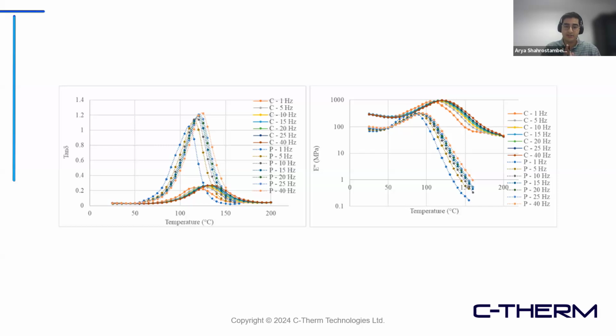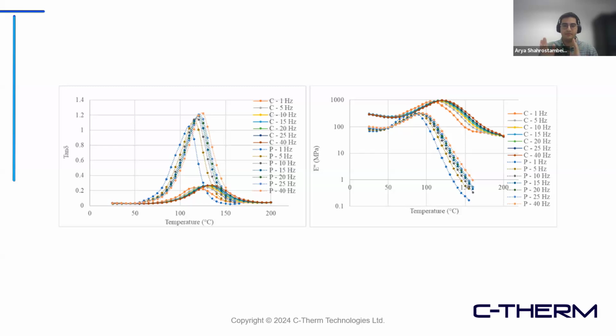On the right-hand side, we see the loss modulus, the ability of your material to dissipate energy through its matrix. That's the soft component of your material, the part that wants to dissipate energy and not return it. As you increase the temperature, it clearly shows the material becoming softer by going through a peak.